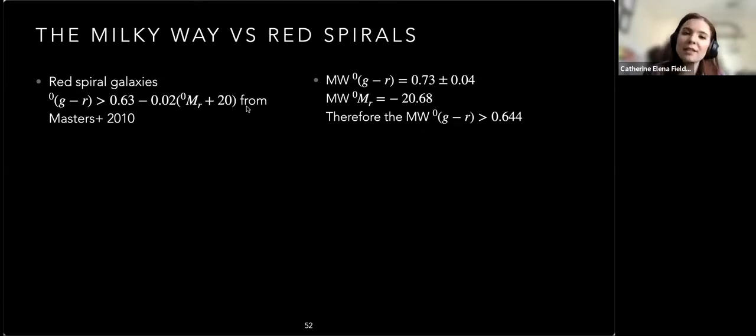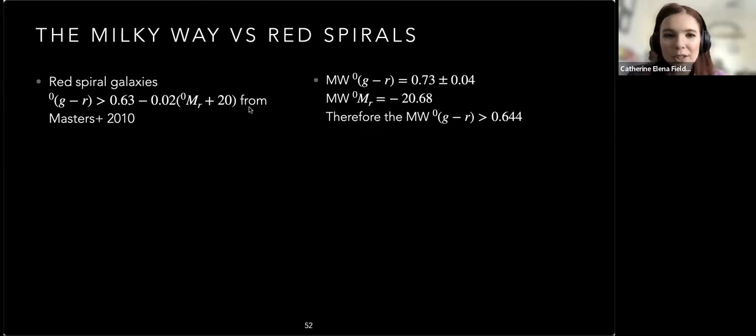So if we make this same quick analysis for our predicted colors and absolute magnitude in R band for the Milky Way, it falls well within what you would expect, where you're just looking for a g minus r color that's greater than this number minus something multiplied by the r band absolute magnitude. And the Milky Way is within that, as in the g minus r color is definitely greater than what you'd expect from this little expression here.